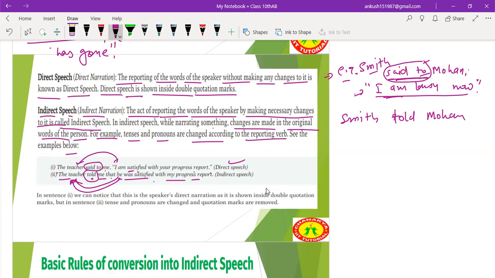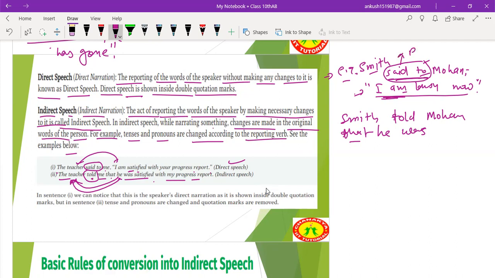Whenever we remove inverted commas, between them we have to use a conjunction, and since it is an assertive sentence, to join the assertive sentence in indirect speech we use "that." So Smith told Mohan that he was. Why "was"? As it is written, "am" here, in present tense. But what is your reporting verb?